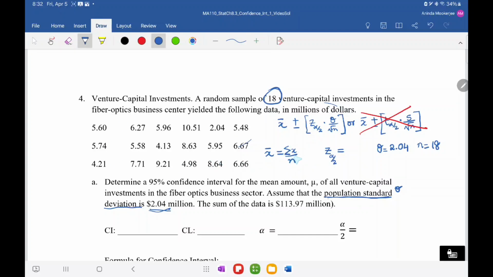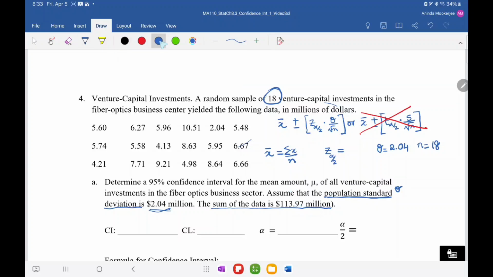You can either go about adding 5.6 plus 6.27 plus 5.96 all the way up to 6.66 and divide that by 18. But the question told us that the sum of the data is 113.97 million. So let's use that information instead of spending time adding up all these values, since they've already given us the summation.